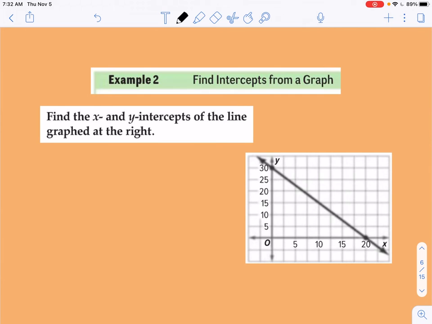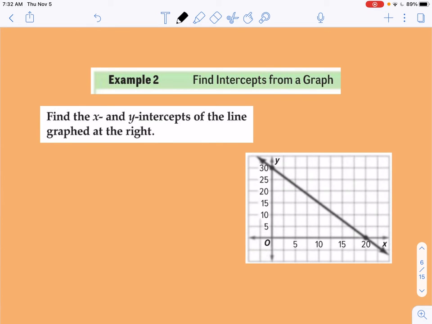All right, moving on. Now, we're going to start talking a lot about x and y intercepts. So x and y intercepts are where the graph intercepts the x-axis and the y-axis. So the x-intercept is where the line crosses the x-axis, and the y-intercept is where the line crosses the y-axis. Pretty self-explanatory.